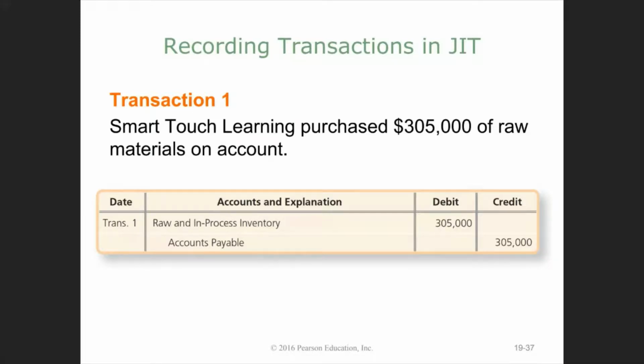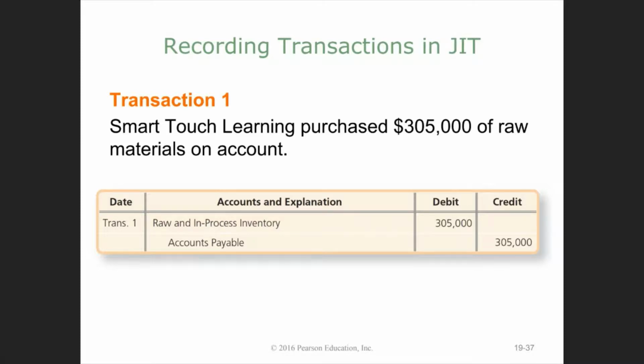So this journal: debit raw and in process inventory, credit accounts payable, because they purchased it. Why is this not cash? Or what would make it cash? Want to take a guess at either one of those? Why are we crediting accounts payable? What tells us to credit accounts payable?